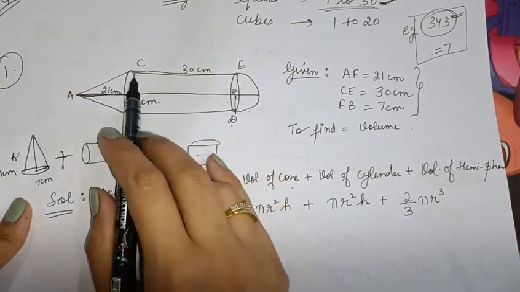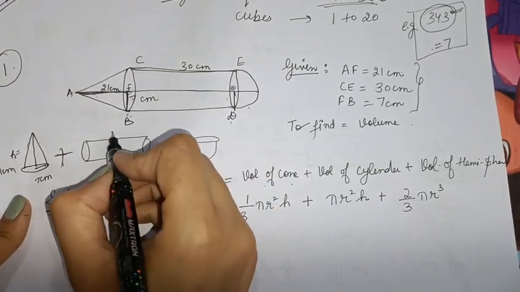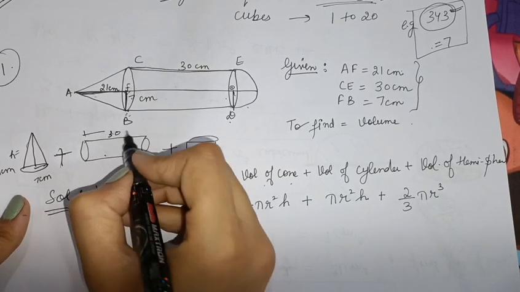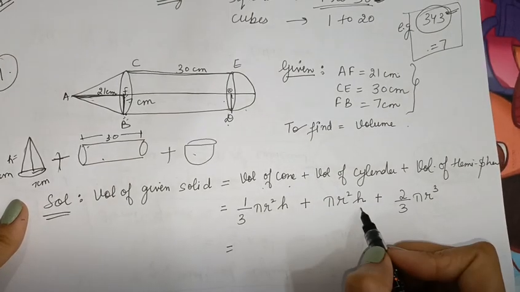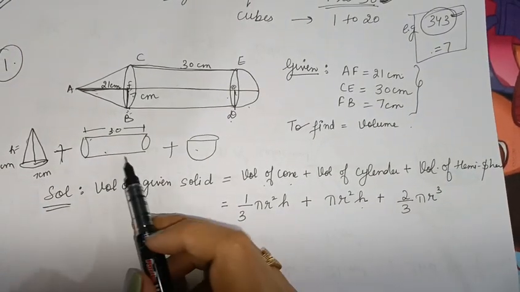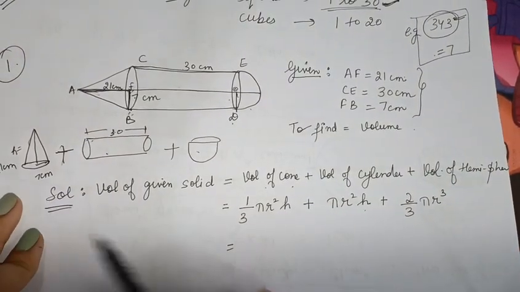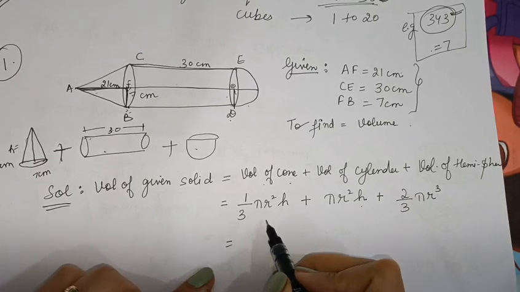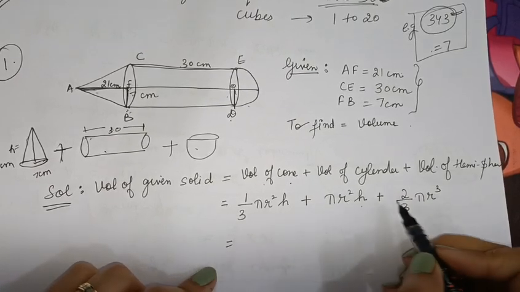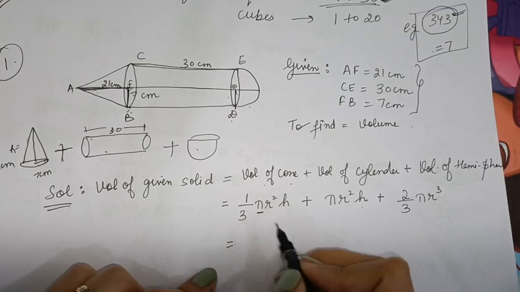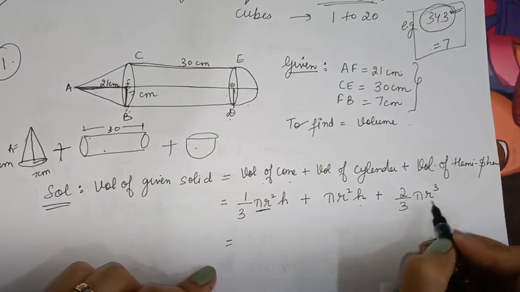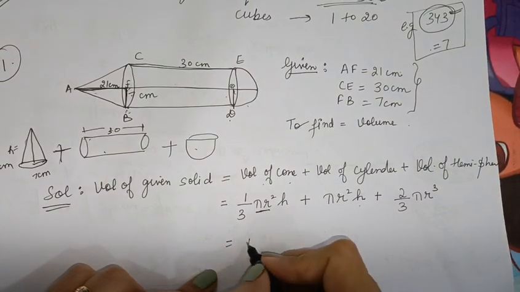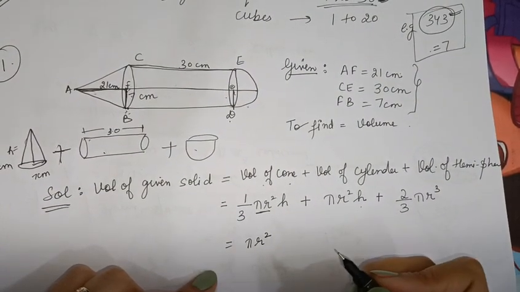Then height of the cylinder, see this is the cylinder, height of the cylinder is 30 centimeter. Height means the length of the cylinder, so we are writing here as h. Now all the values we have figured out. First we will see if anything can be taken out common. Here pi is there in all these three. Then r square is also there in all of these three. So pi r square we can take out common.